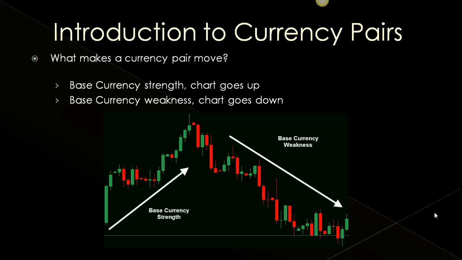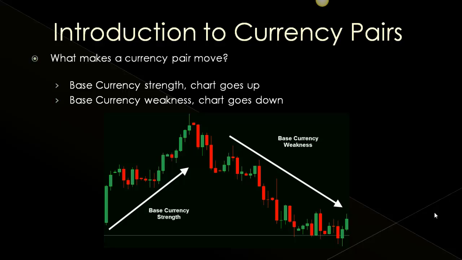As we look at our charts, we will notice that charts go up and they go down. At least the candles being formed on them start moving up higher and then start moving lower. As in our previous example on the Euro-USD, when the base currency strengthens, that is, when the Euro-USD strengthens, you'll notice that the candles on the chart start moving upwards or start forming higher and higher.